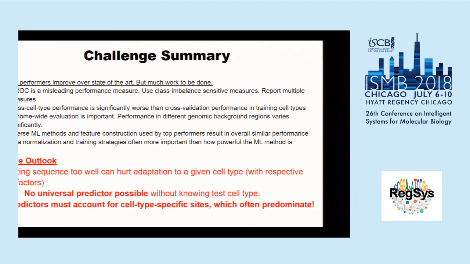Looking at what might be coming with in vivo binding, it's clear that fitting sequence too well can hurt adaptation to a given cell type. We need methods that explicitly adapt to a known test cell type. There's no universal predictor possible without knowing the test cell type. You need to know it, and then you can bridge that gap. And you need to account for these cell type specific sites, which often predominate.